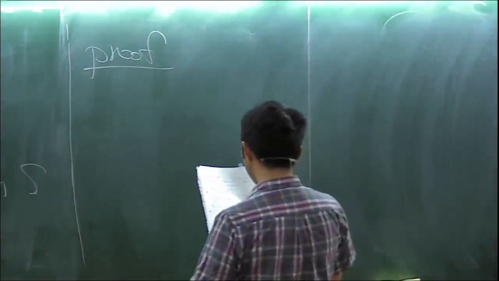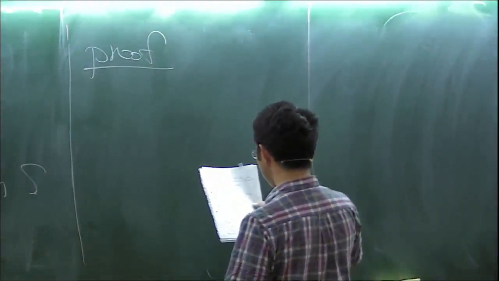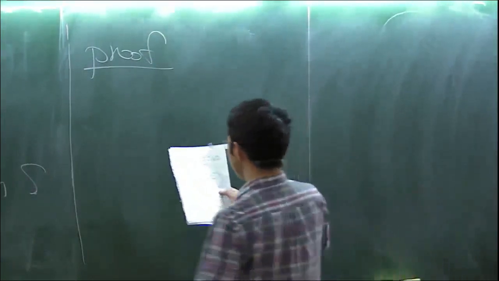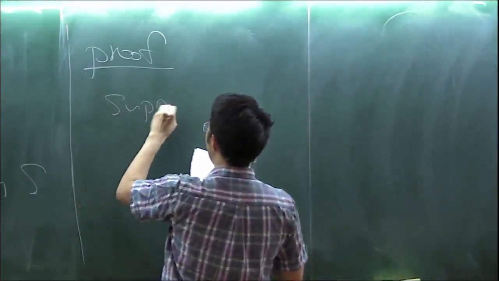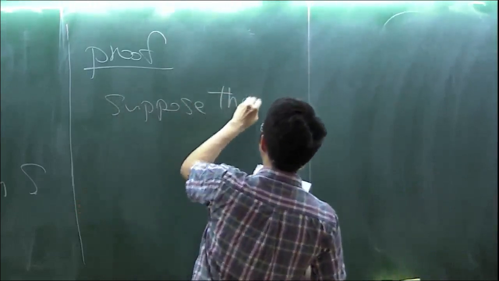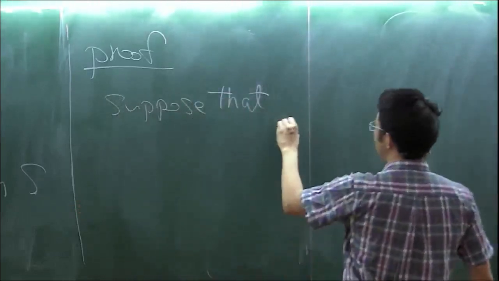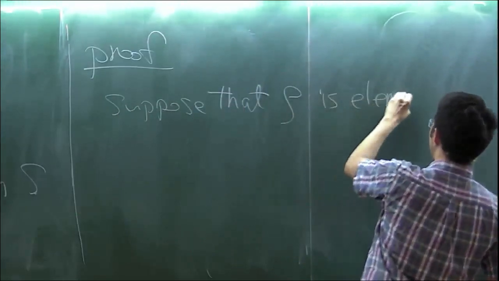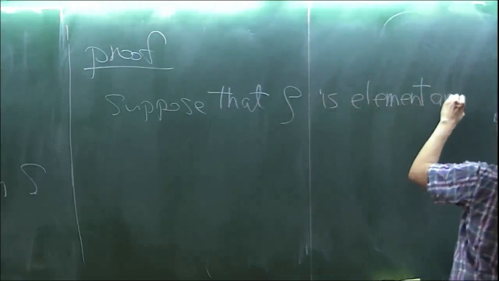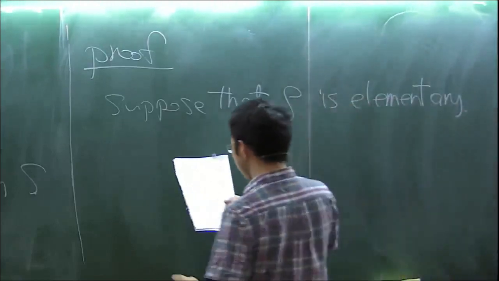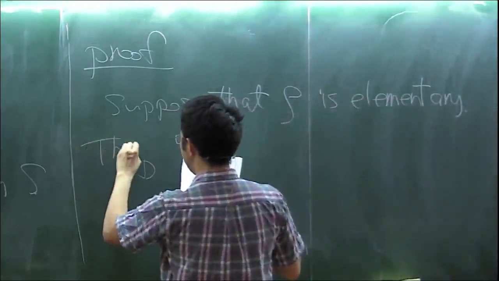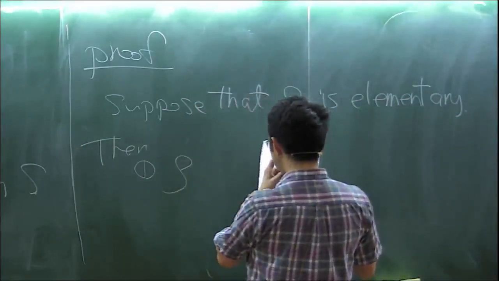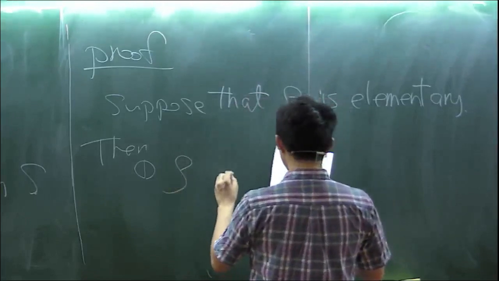Proof. So we show this by contradiction. Suppose that this representation is elementary. Then there are two cases: either rho fixes infinity or it preserves 2 points.